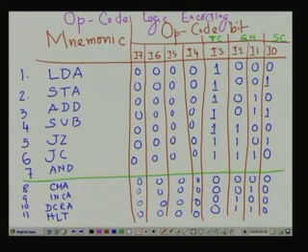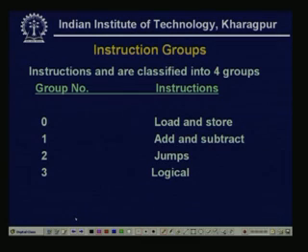These are the meanings of the bits. The bit I3 of the opcode decides the instruction type. If I3 equal to 1, this is MRI, I3 equal to 0 is NMRI. Now, within the memory reference category, instructions are classified into 4 groups. Just now we have seen the I2, I1 value.